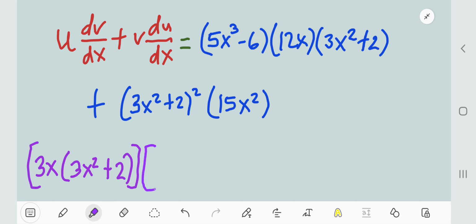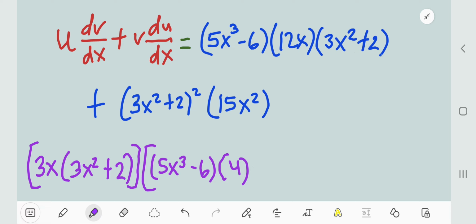So we divide the first term by the greatest common factor, which will result in 5x cubed minus 6, as it is unchanged. 12x divided by 3x, because 12x is being factored out, will yield 4.